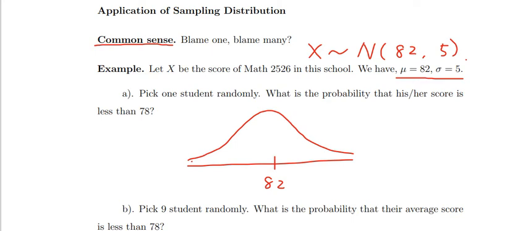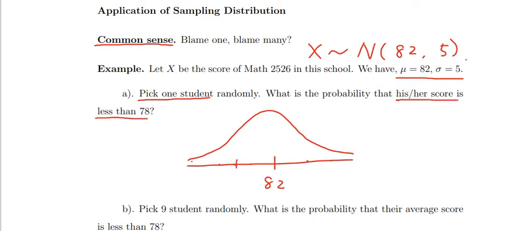Now let's check this. If we pick one student randomly, this student's score can be here or here or here. We want to find the probability that this student's score is less than 78.